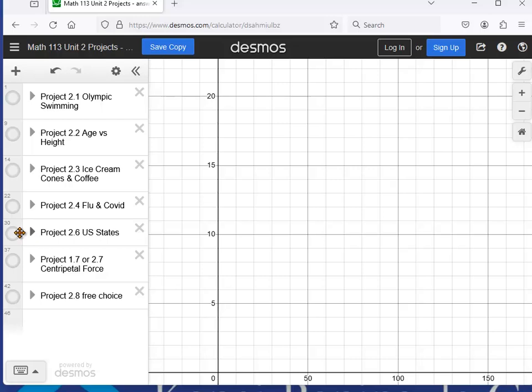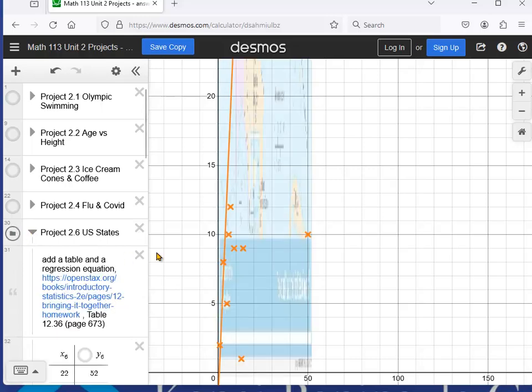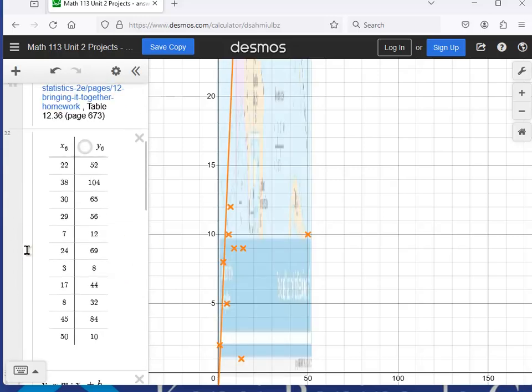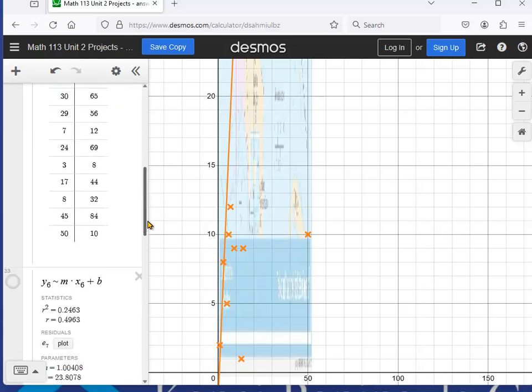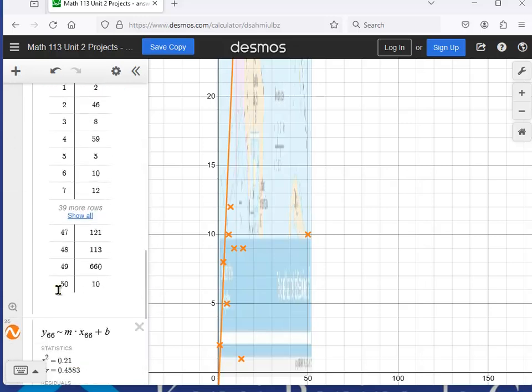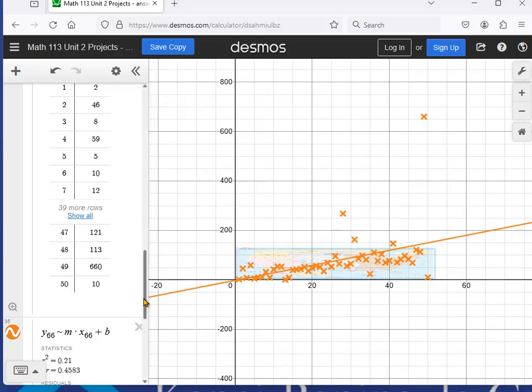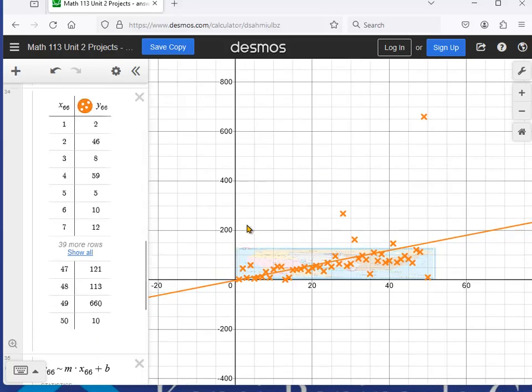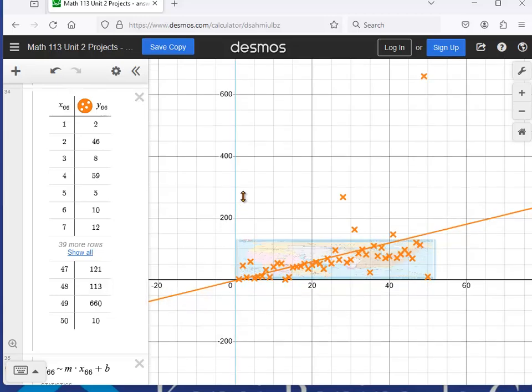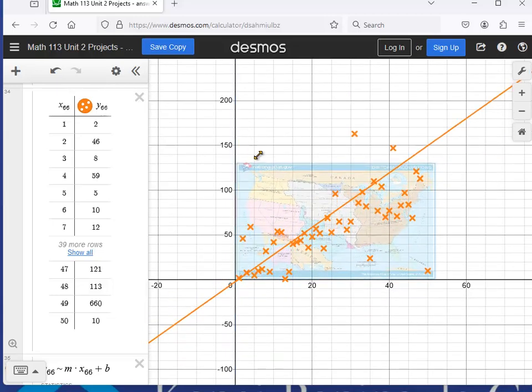Okay, so here's the United States, the rank when they joined or were admitted to the Union versus the area. I had to think about this because doing this one here distorted this quite a bit.